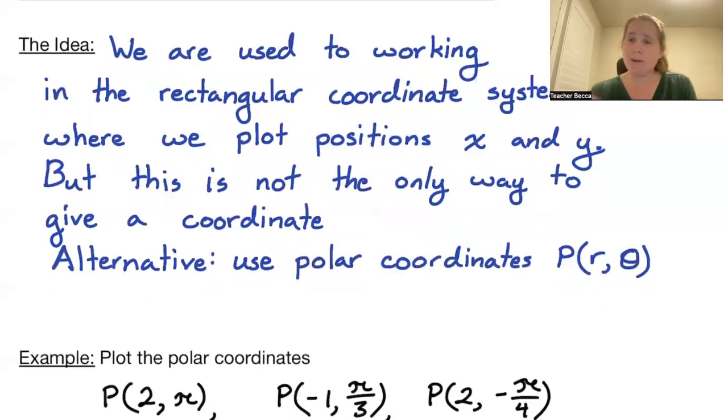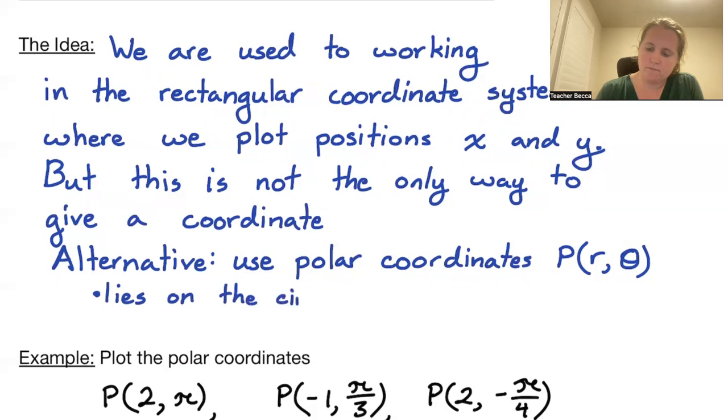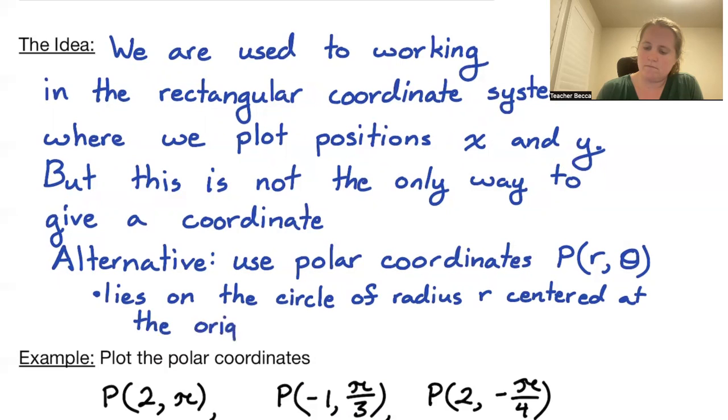The R tells us the point lies on the circle of radius R, centered at the origin. And the location on that circle is angle theta from the positive x-axis.